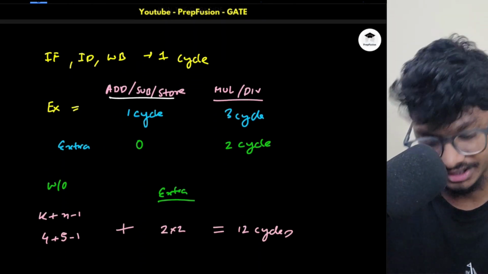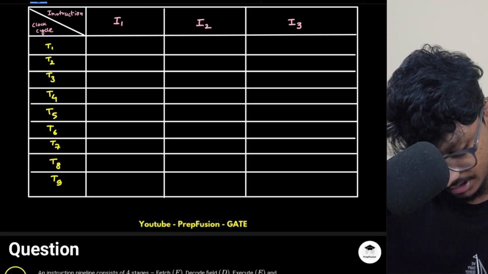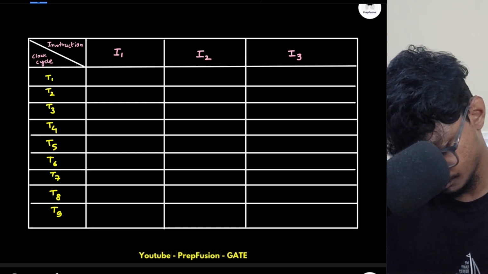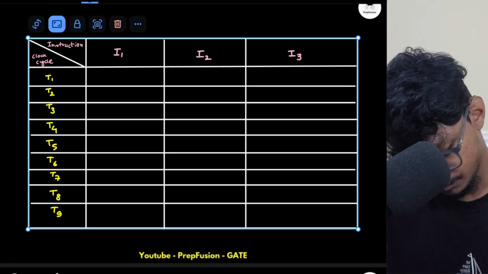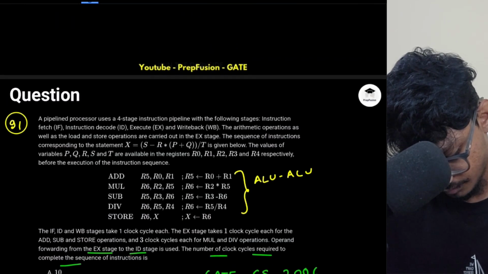I can show you using the diagram as well. This will be a bit lengthy, so what I can do is first delete this and take from here.